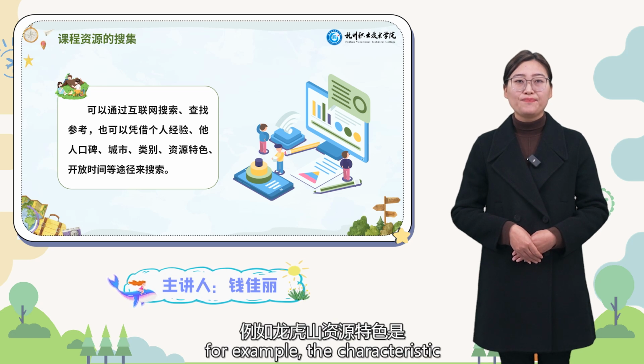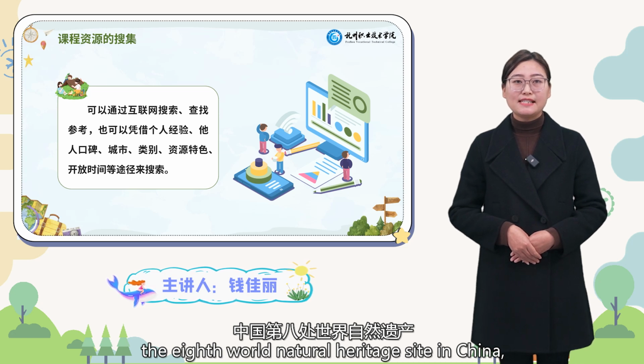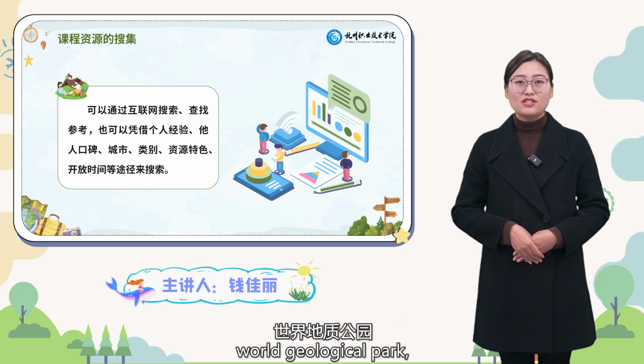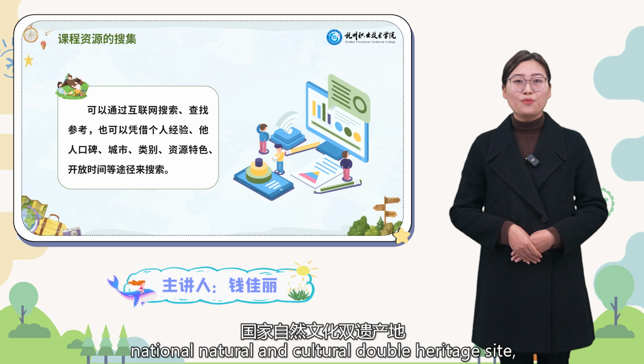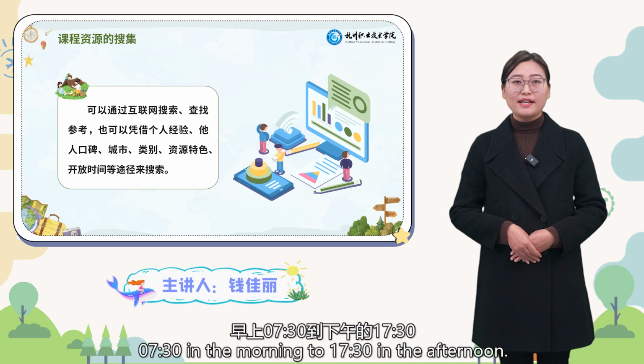For example, the characteristic of Longhu Mountain resources is that it is the 8th World Natural Heritage Site in China, World Geological Park, National Natural and Cultural Double Heritage Site, National 5A Level Scenic Spot, open from 7:30 in the morning to 5:30 in the afternoon.